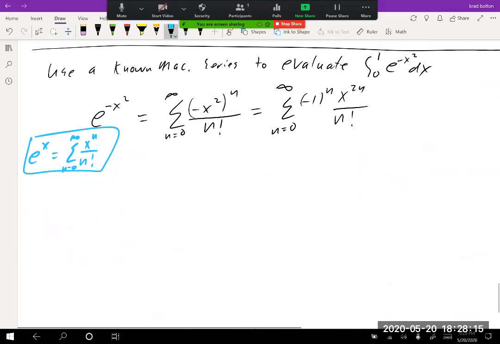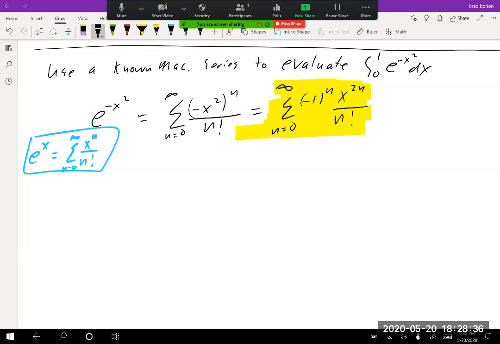So now I can move forward a lot quicker than I would have if I had to generate all this from scratch. Because I would have needed to take the derivative of e to the negative x squared, the derivative of that, the derivative of that, generate a pattern and see. But I'm already jumping ahead of the game. I already have my series.